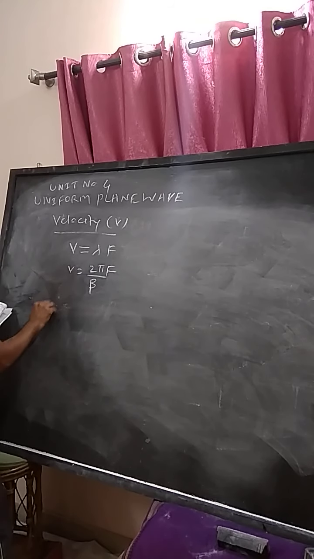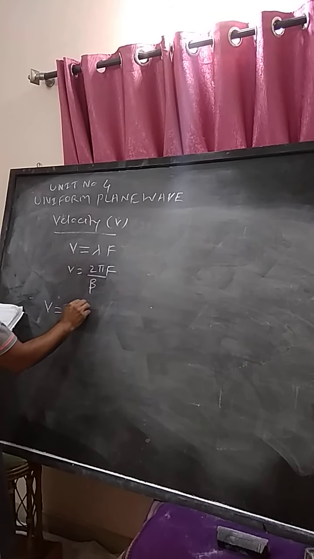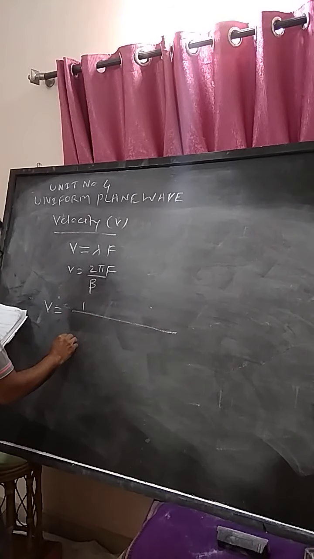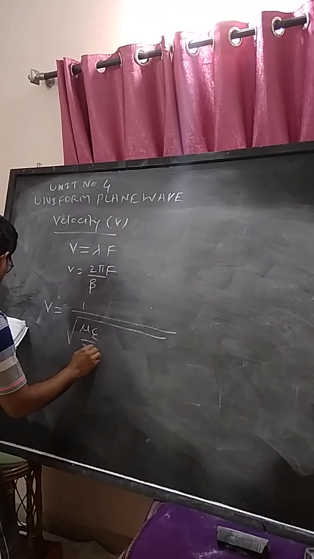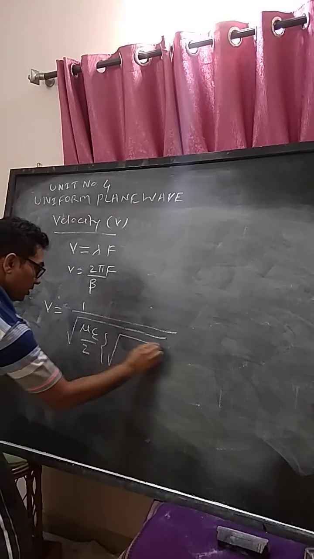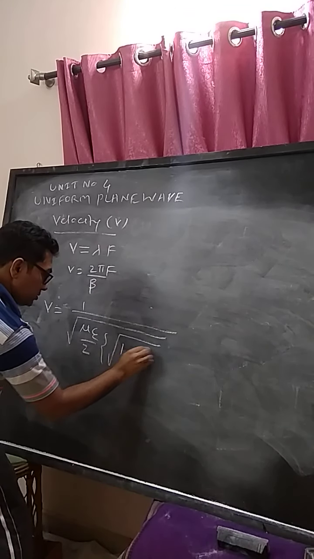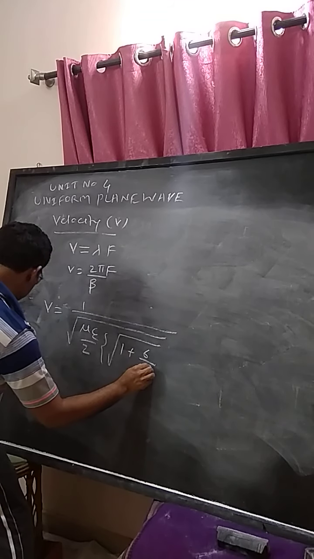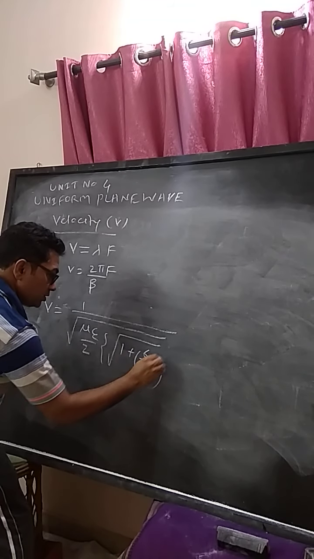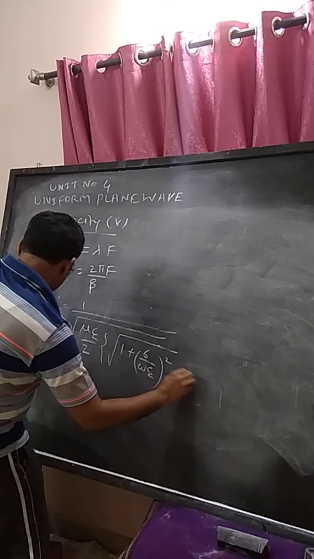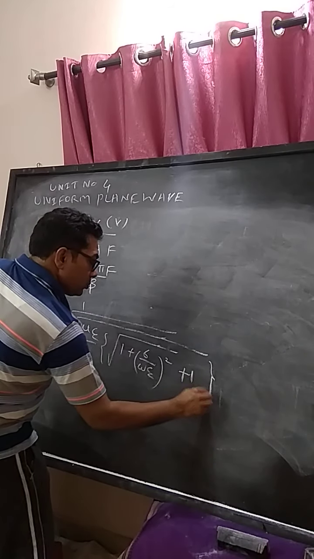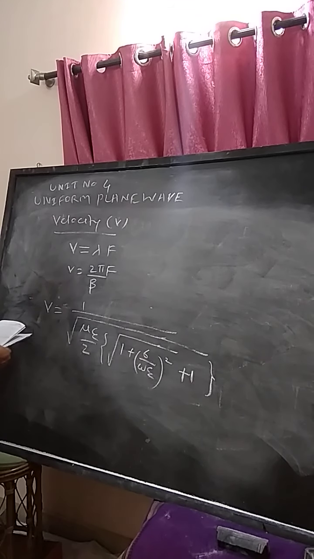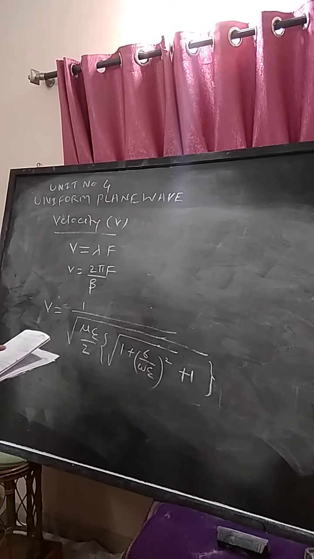So the formula for velocity is 1 upon under root of mu epsilon by 2 in bracket, again under root of 1 plus sigma divided by omega epsilon whole square, plus 1. So this is the formula to calculate the velocity of the wave.